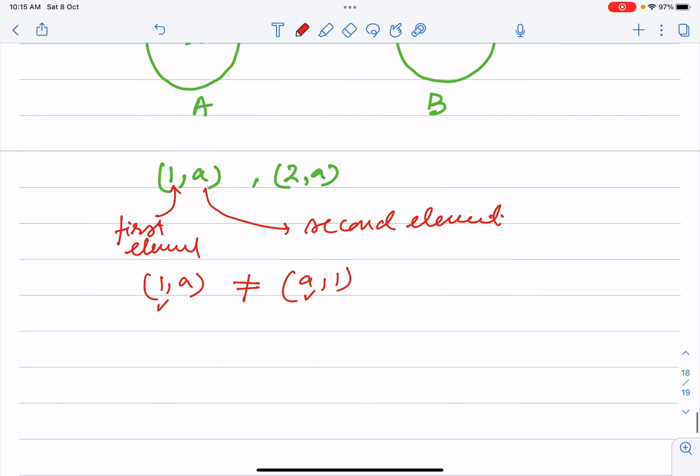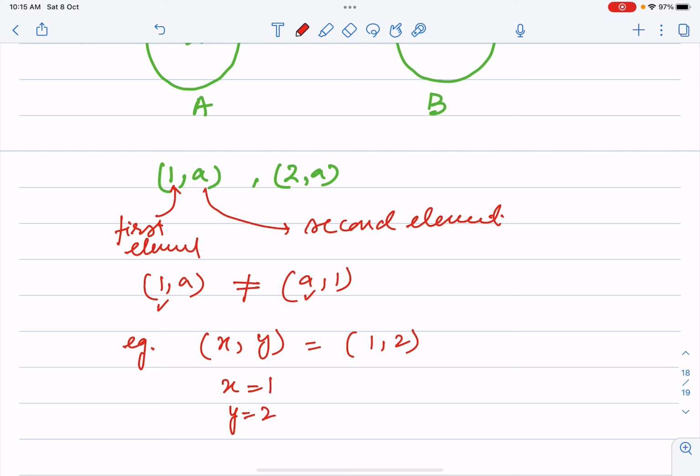For example, suppose (x, y) is equal to (1, 2). That means x is equal to 1 and y is equal to 2. So the first element equals the first element, and the second element equals the second element of the two ordered pairs. I hope you got this point.